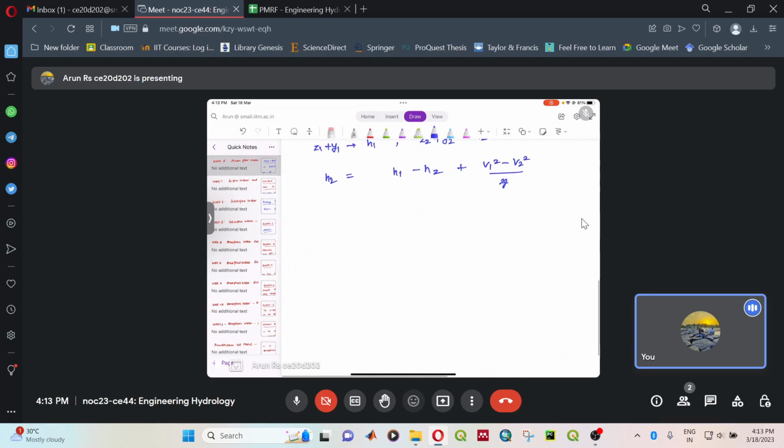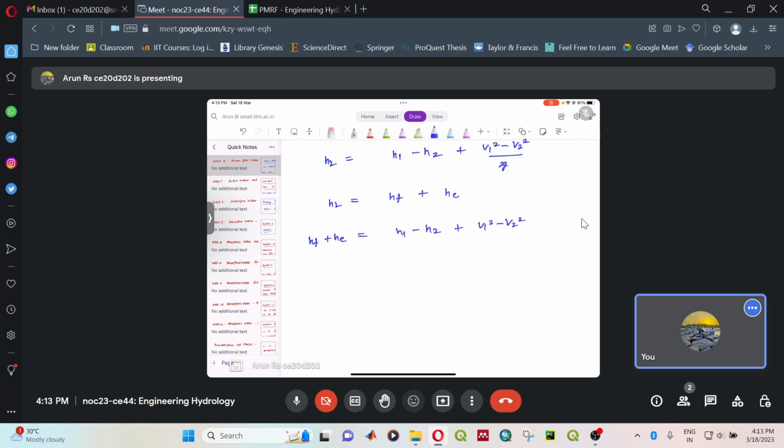Now, as I said earlier, this head loss is a function of two components. One is the head loss due to friction, plus another one is the head loss due to eddy. So we'll now equate both the equations. So hf plus he is equal to h1 minus h2 plus v1 square minus v2 square divided by 2g.